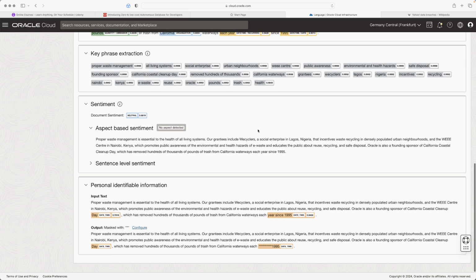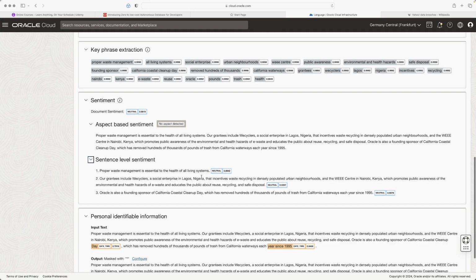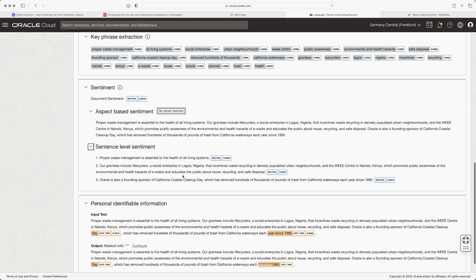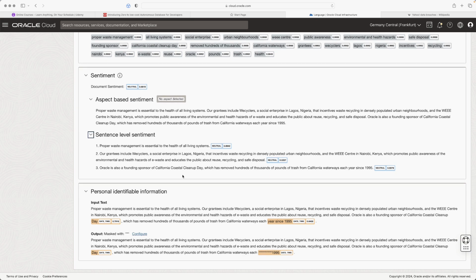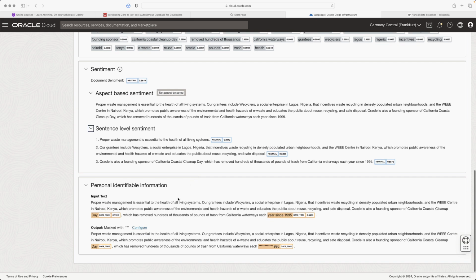And then, as I said, it does sentiment analysis, right? In this case, for some reason, it feels that the sentiment is not negative or positive, but neutral, and it gives the reasoning behind it as well, that it says neutral because proper waste management is essential to the health of all living organisms, and other things as well. We'll quickly take a look at a negative sentiment in the next example.